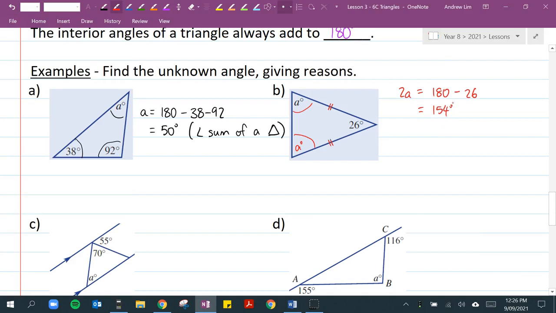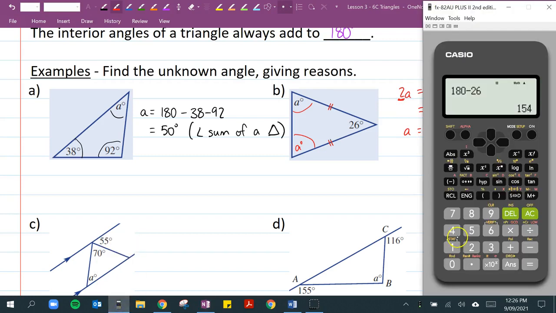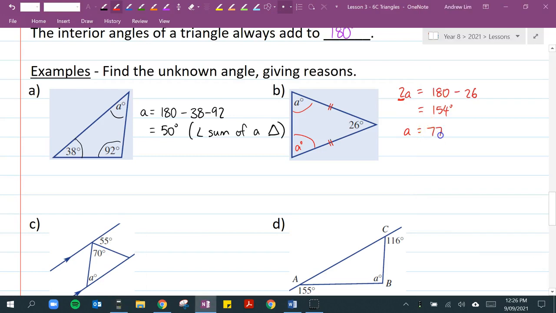Well, if 2A is equal to 154, what is 1A equal to? We need to divide by 2. So we're going to divide this 154 by 2 to give us 77 degrees. Same reason, angle sum of a triangle.